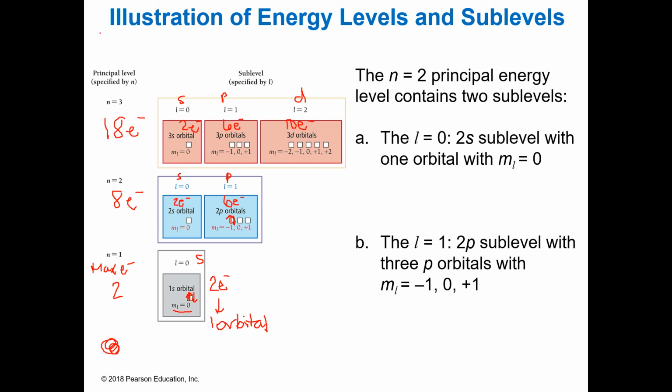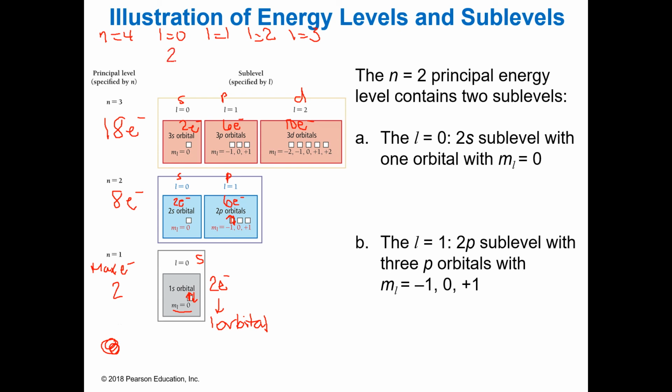If we had n equals 4, n equals 4 has l equals 0, l equals 1, l equals 2, l equals 3.